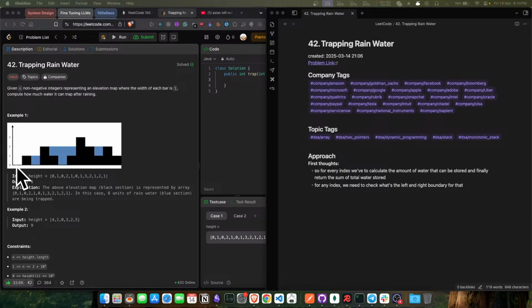And we take the minimum of those boundaries, and obviously we take the minimum because otherwise the water will overflow, right? So we need to take the minimum of both of these boundaries.